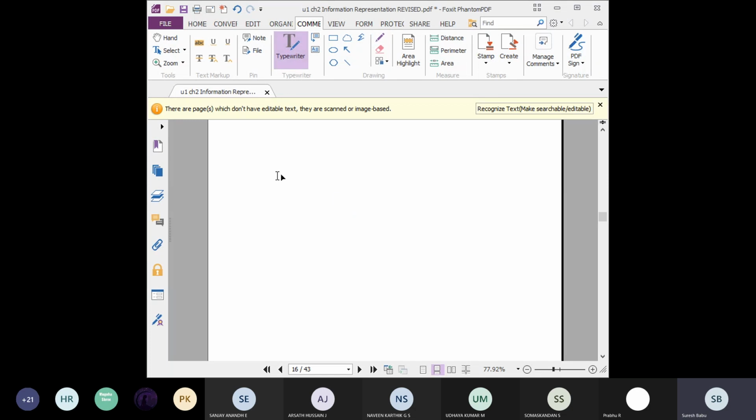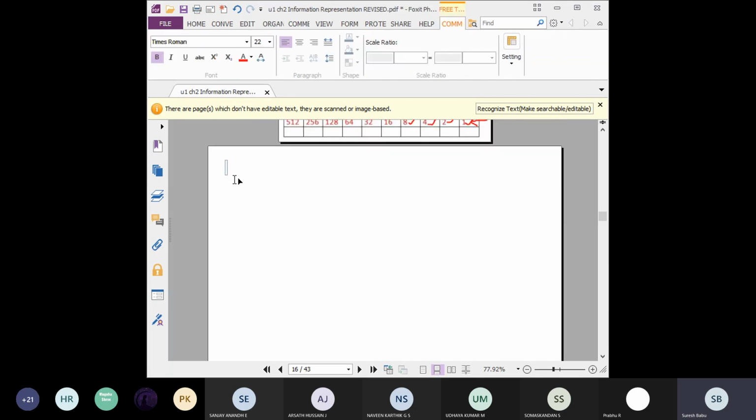So first we are going to see octal to decimal, and octal to binary. Two methods we are going to see today: octal to decimal and octal to binary.